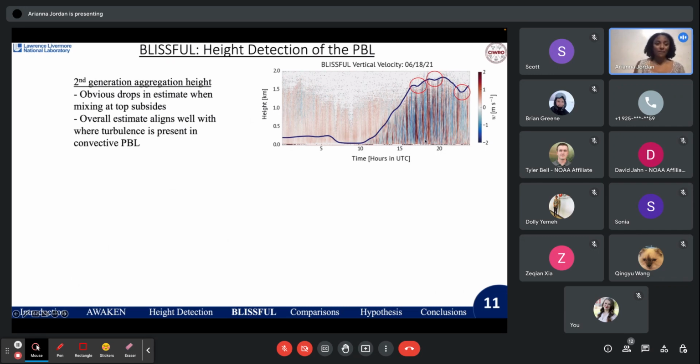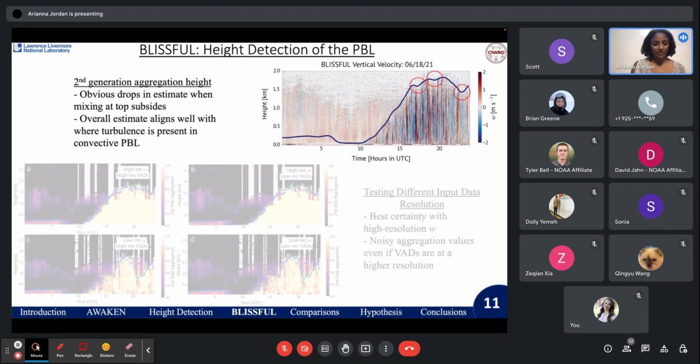So during the daytime, the height estimate coordinates very well with the mixing that happens in the atmosphere, and then there's obvious drops where you see that. So that's one of the results that we got for Blissful.